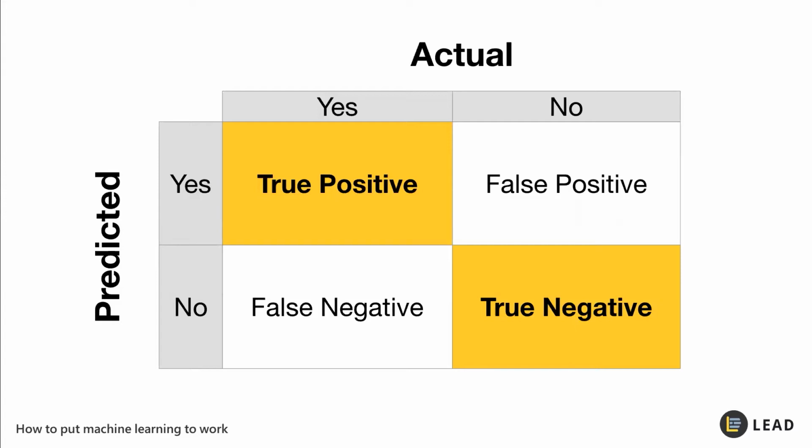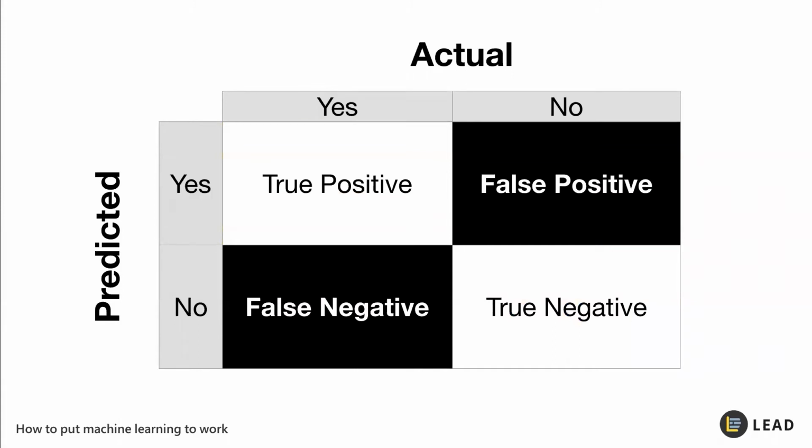Something that's more tricky is false positive and false negative. A lot of times students will ask me, "Doctor, false positive or false negative, which one is worse?" The answer is always, it depends. Let me give you an example. You must have heard the story of The Boy Who Cried Wolf.